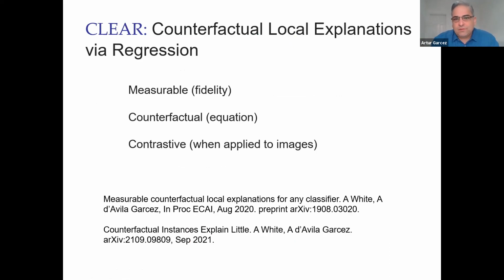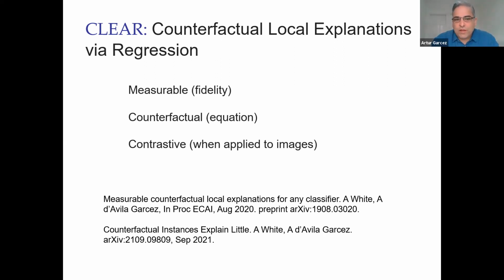So CLEAR, counterfactual local explanations via regression, which I'll pass on to Adam to detail, looks at that. Achieving such a measurable local explanation, so having a measure of fidelity for local methods, so that differently from LIME and SHAP, we can guarantee certain behavior and level of performance.